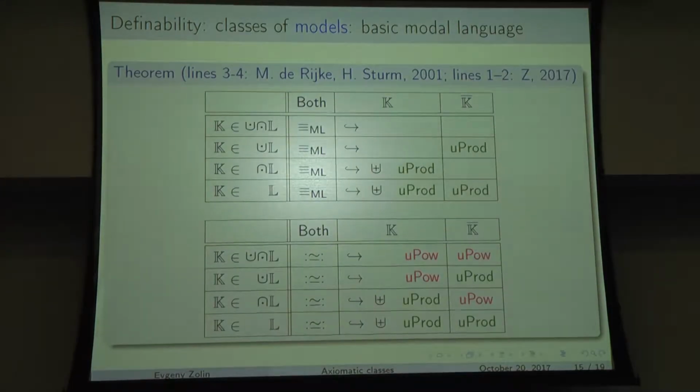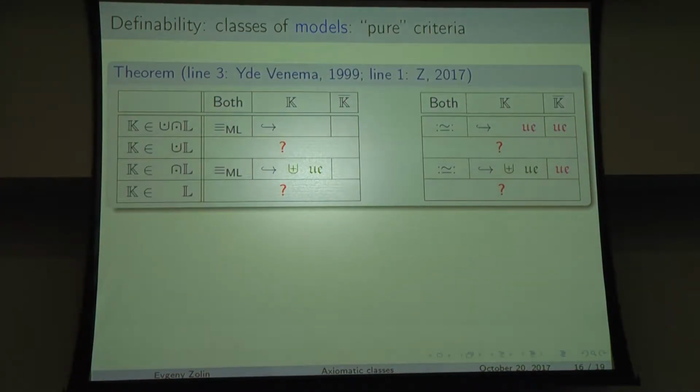But if, following Evgeny, we want to obtain purely modal criteria that don't use ultraproduct, but some operations that are intrinsic, specific to modal language, then not all lines will be completed. Evgeny obtained the criteria for modal definability by an arbitrary set of modal formulas for a class of models.